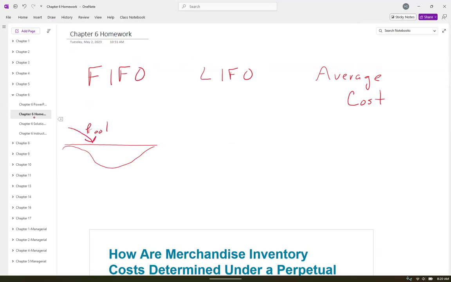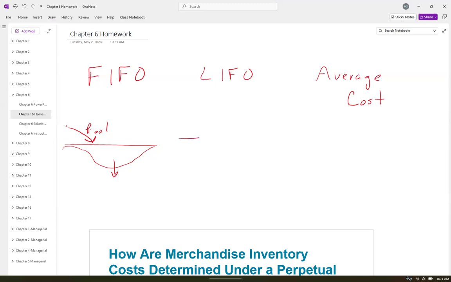The first water that goes in is going to be the first water out. Think about an inventory item that has to be rotated on a FIFO basis: anything perishable, all kinds of food, has to be rotated on a first in, first out basis. With the pool water hose, the first water in is going to be the first out.